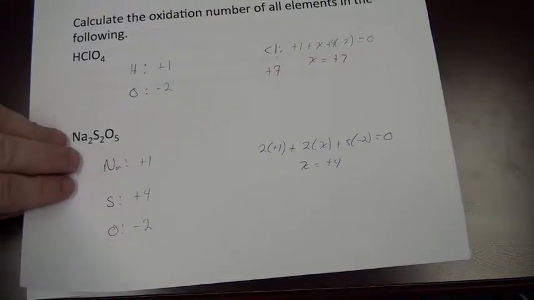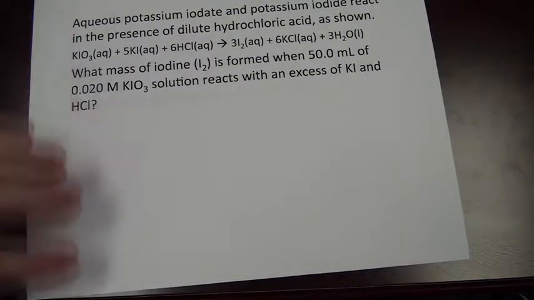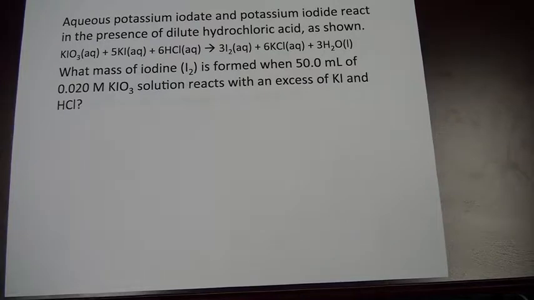So let's look at reactions with changes in oxidation number, and do some stoichiometry with those. So we have aqueous potassium iodate and potassium iodide reacting in the presence of dilute hydrochloric acid as shown in this reaction.